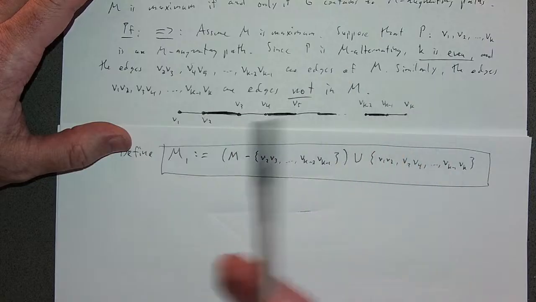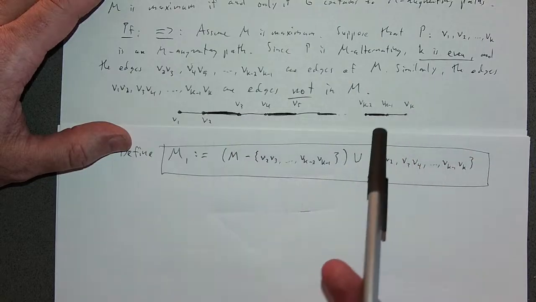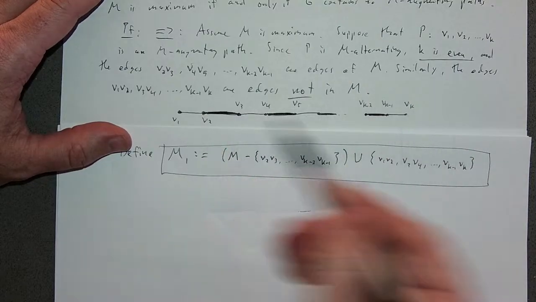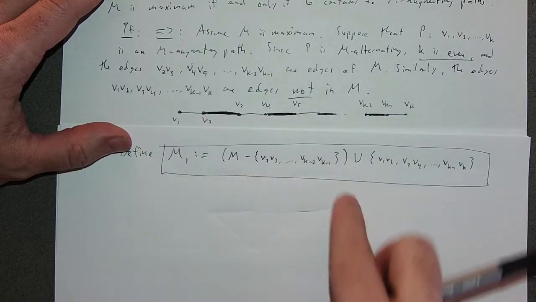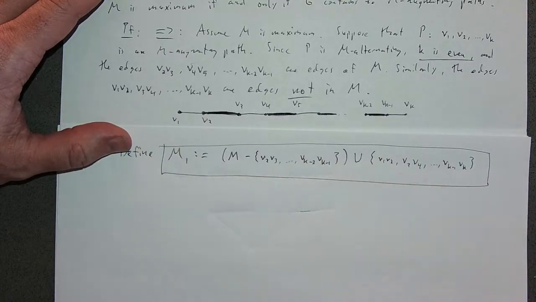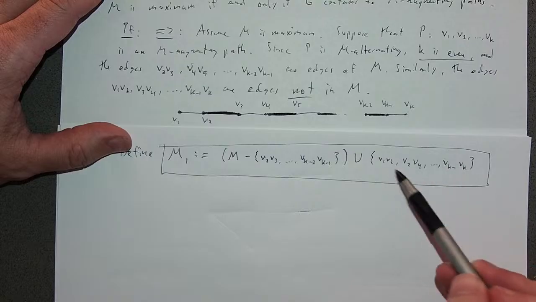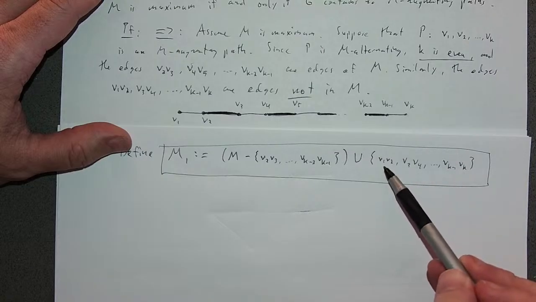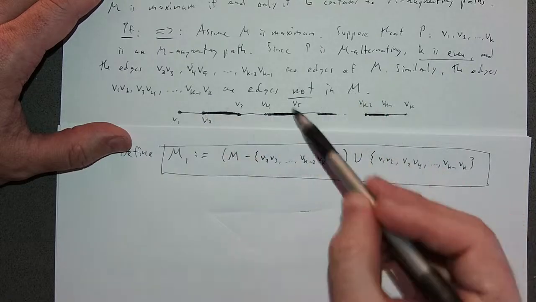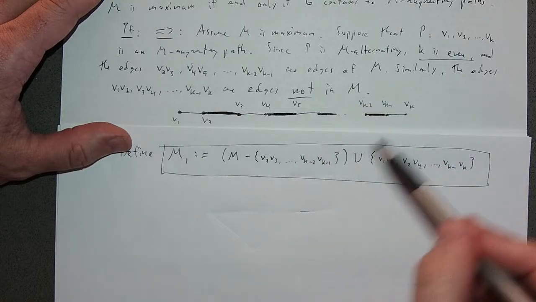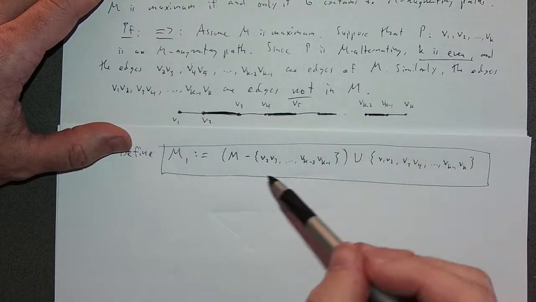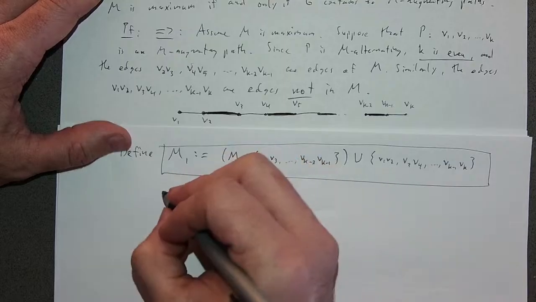It's not guaranteed to contain every single edge of M or anything, but whatever edges of M it does contain, I take M, I get rid of those, and then I add in the edges that I know are not in M. And in this way, what I have left is guaranteed to be a matching.